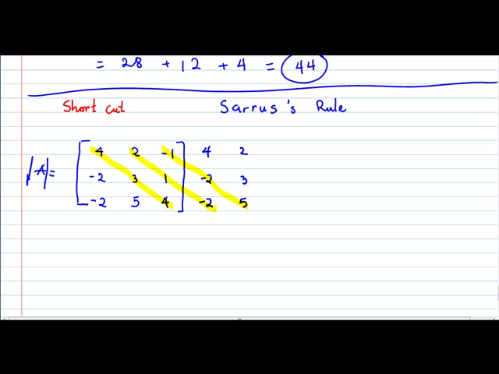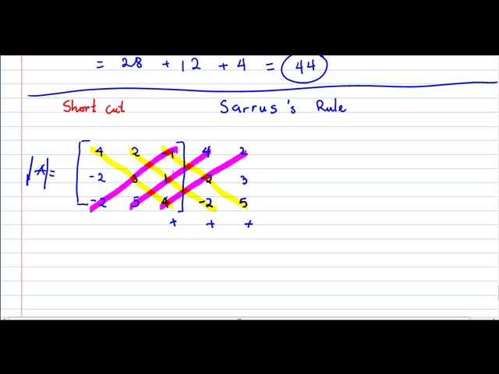When I'm going from the left to right, this way, the sign will be plus. Then I have another diagonal, from here down this way, that way, and that way.